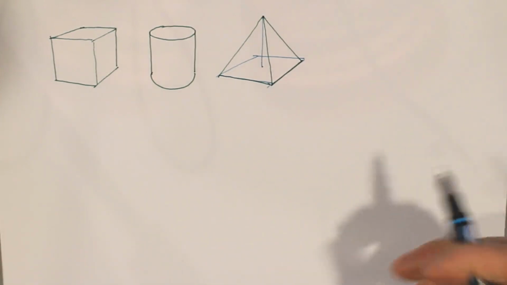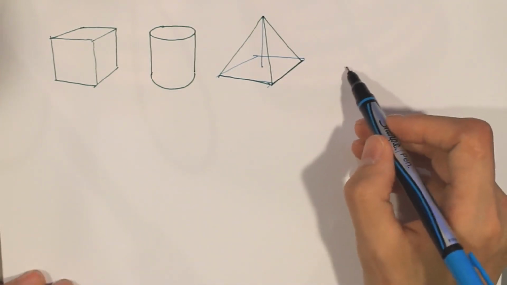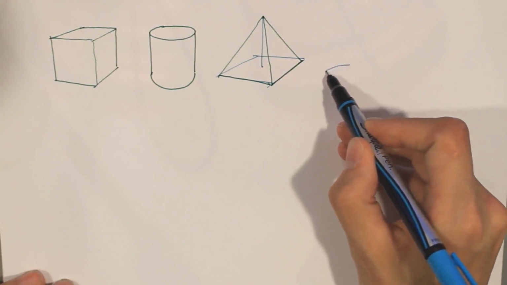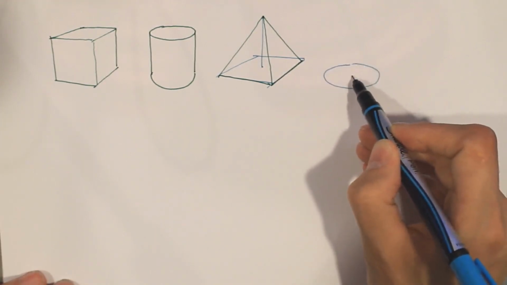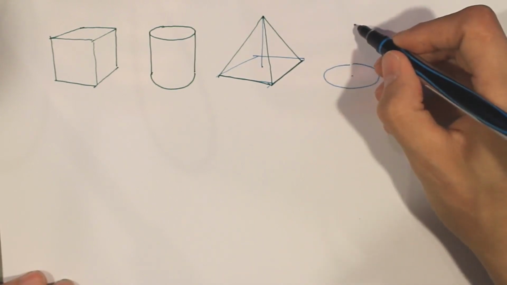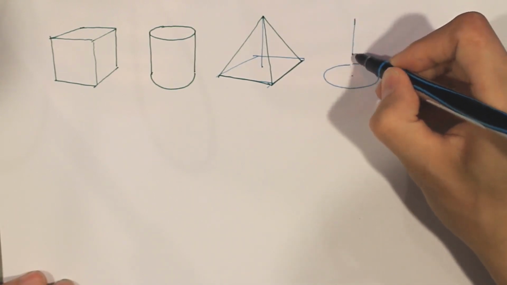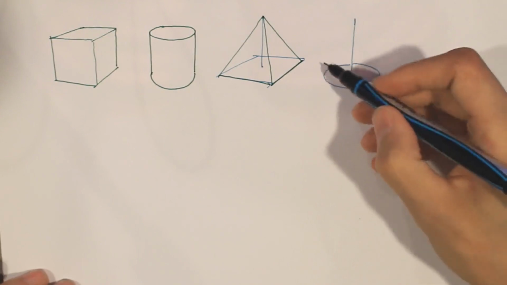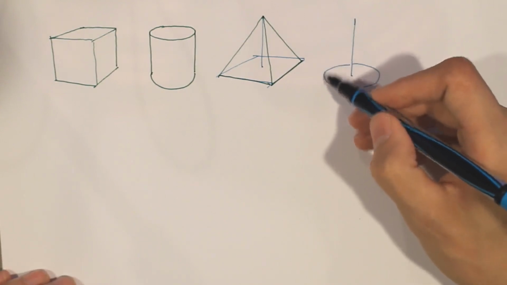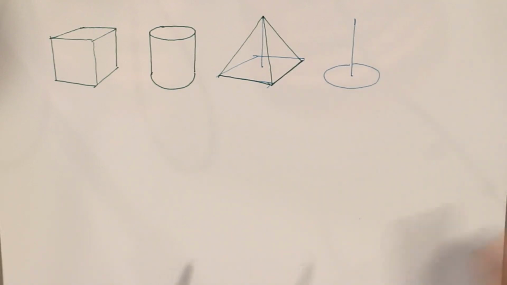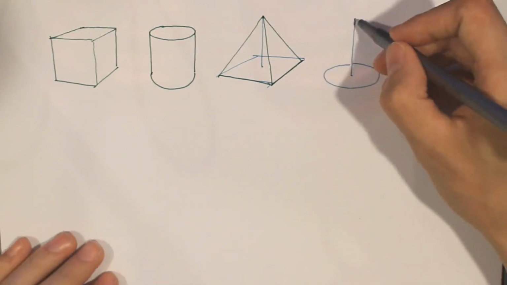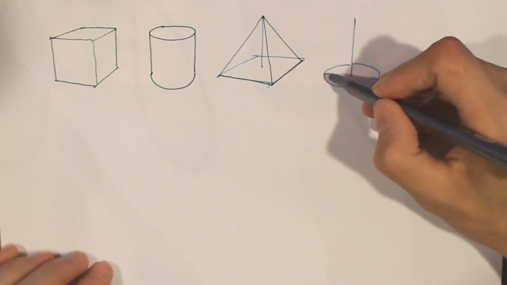Okay, and now for the cone, we're going to have another ellipse on the base. And then from the center of that ellipse, travel up vertically. And now, once this ellipse is perpendicular to our line of sight, we're going to create a line traveling to the center point there on the top.